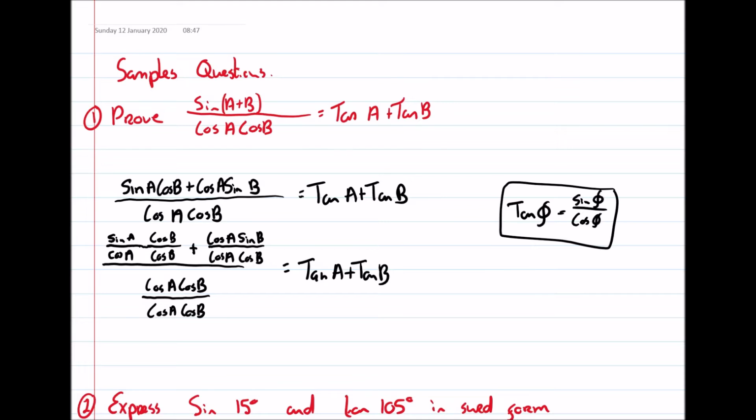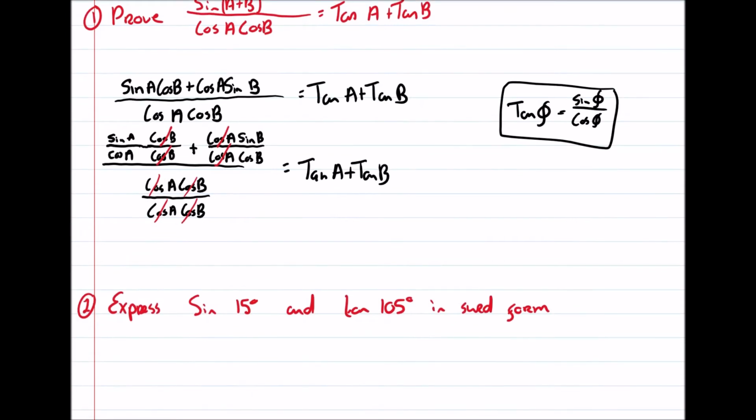Well, the whole reason I did this is because now I can cancel out this and this, I can cancel out this and this, and these all cancel to 1. So what I'm left with then is sine A over cos A plus sine B over cos B, all over 1.